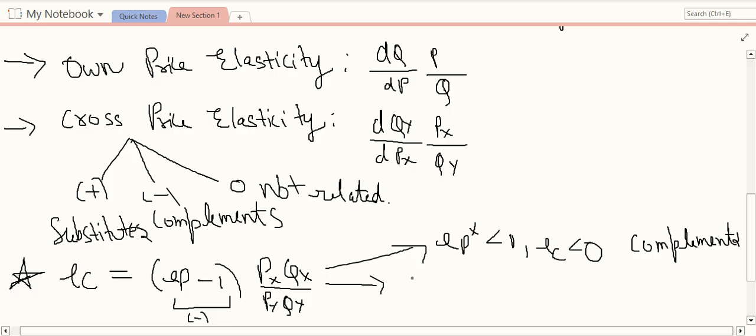Now if our own price elasticity is greater than 1, this naturally leads to a positive cross price elasticity, and then we have substitutes.